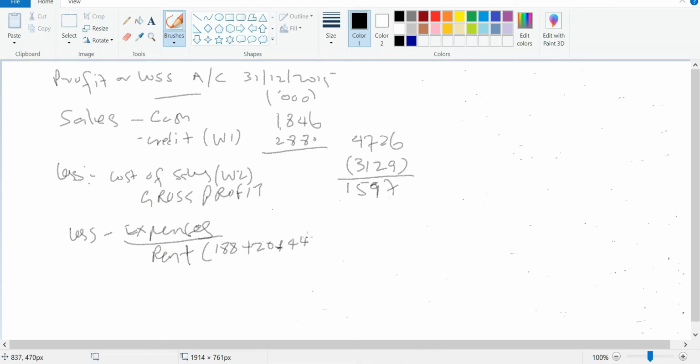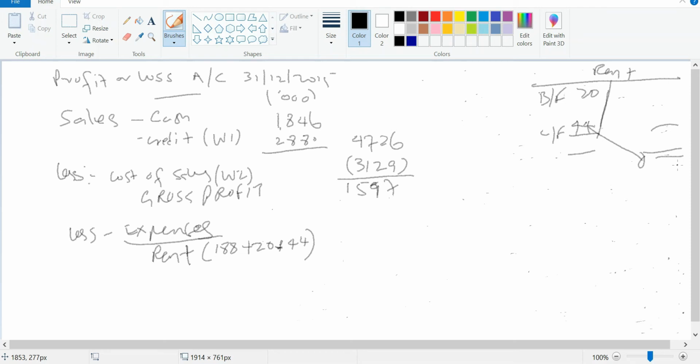For example, if you take the rent account, you had a prepayment balance of 20 and closing accrued expenses should be 44. So this is a carried forward balance.